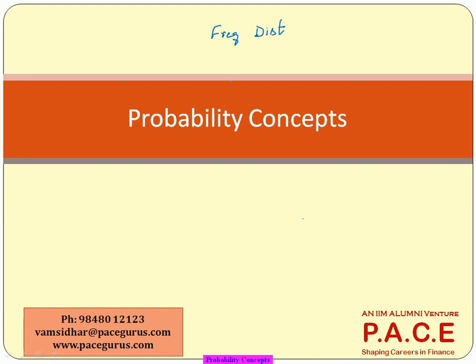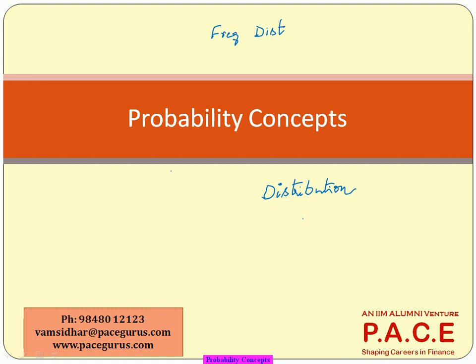Assuming those are the prerequisites, I am trying to move into the world of probability, which will help us in trying to assess the distribution associated with the data. What is the kind of distribution that is associated with the data? To have an understanding of that, it's better to get some level of confidence on the concepts of probability.